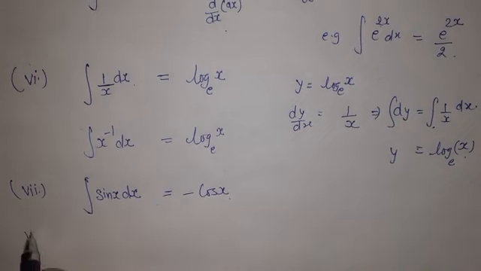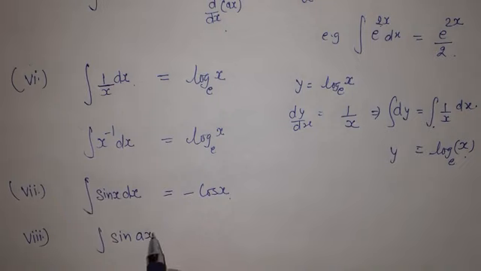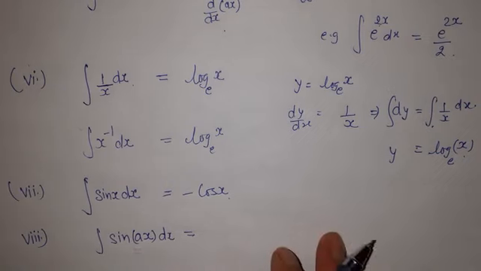And the eighth formula that we are taking over here: if we have anything along with this angle, let it be sin ax dx. Okay, so what will be the integration of this one?